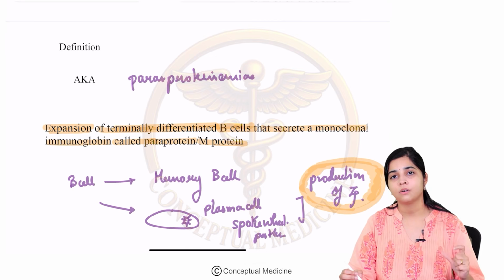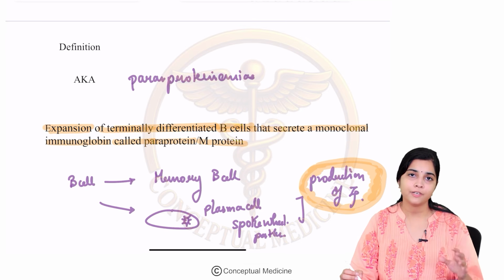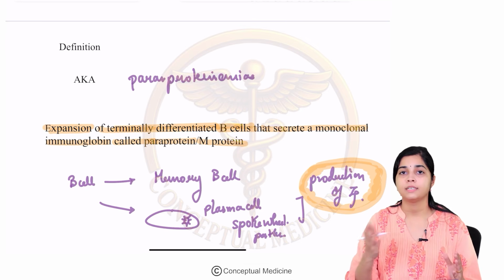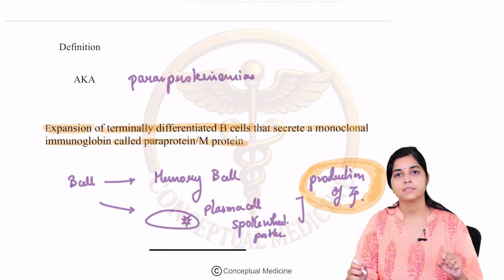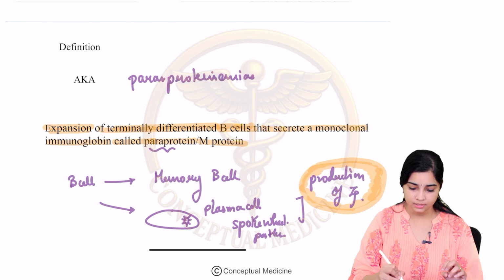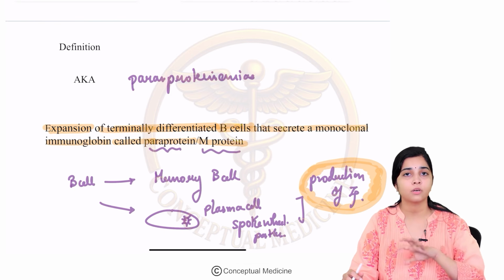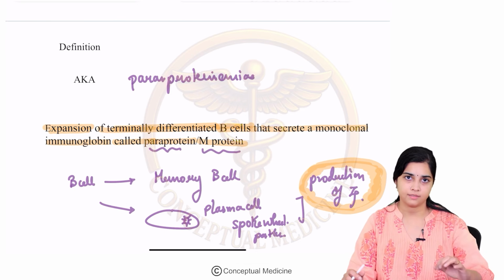That means they are all originating from the same plasma cell or the same clone. So there is an unchecked proliferation of these plasma cells resulting in the production of immunoglobulins that are monoclonal in nature, and this is what we call the paraprotein or the M protein. Okay, so this is the basic origin of a plasma cell dyscrasia.